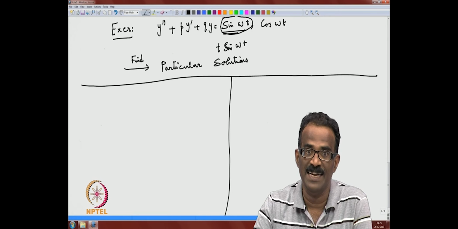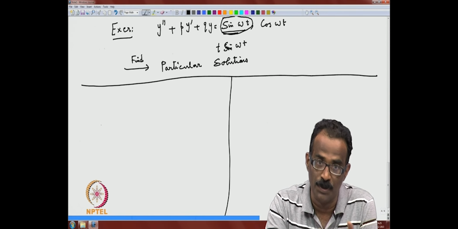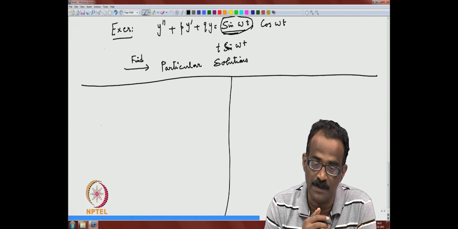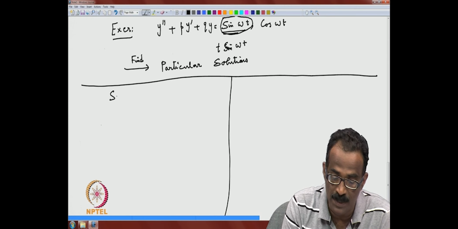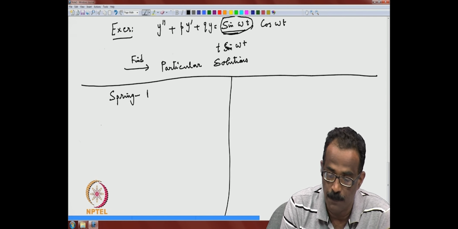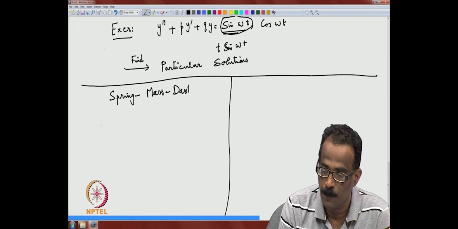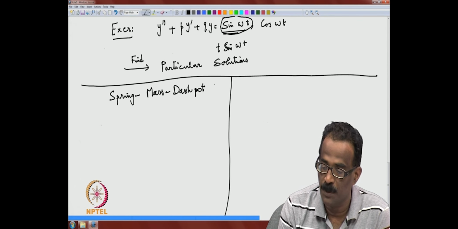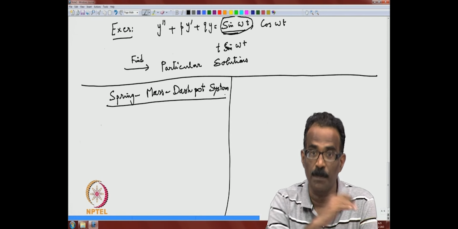I will not give the details here, but I want you to understand these equations in a better way, so recall your spring mass dashpot system. This is a quick recap. For more details, go back to that problem.